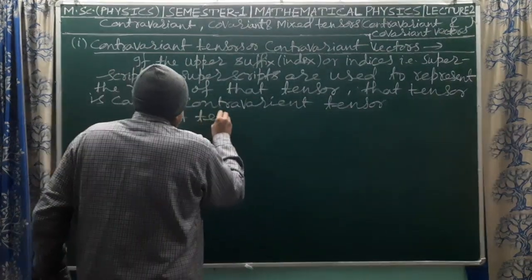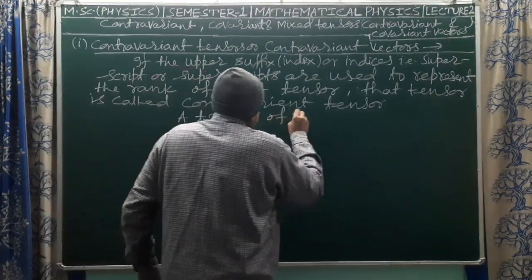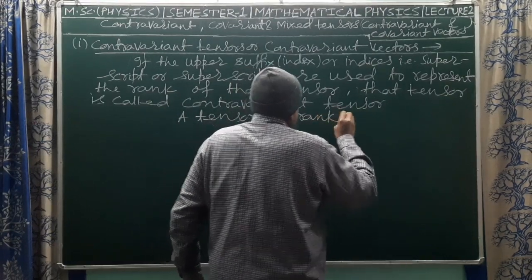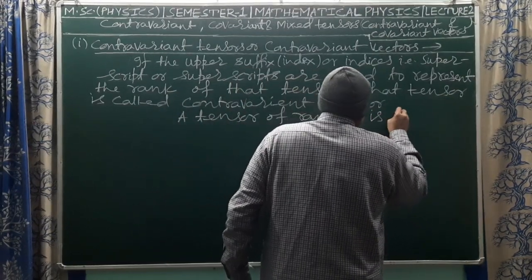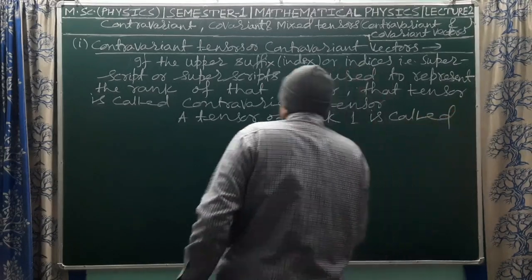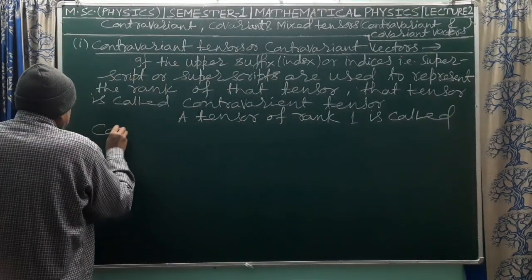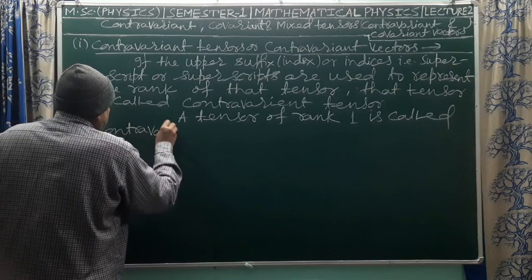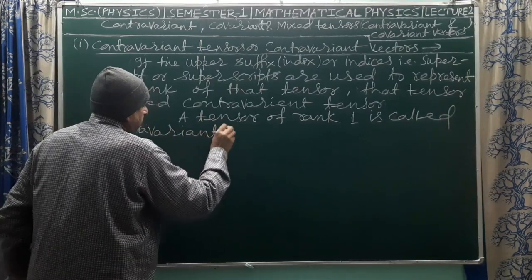So write down the definition of contravariant vector. A tensor of rank 1 is called a contravariant vector.